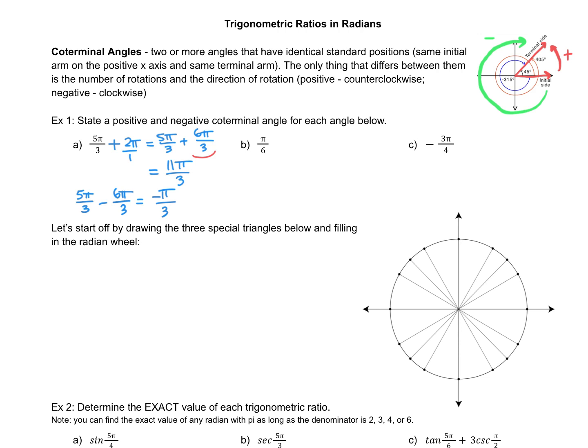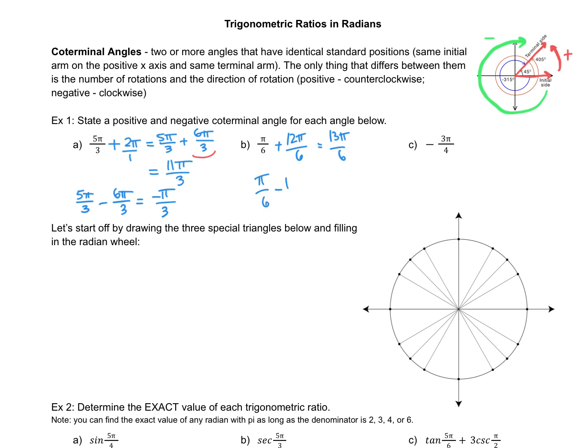For the next one, we have pi over 6. So me adding 2 pi, and I need a denominator of 6, I'll multiply 2 pi over 1 by 6, and that's going to be 12 pi over 6. 13 pi over 6 is a positive coterminal angle.